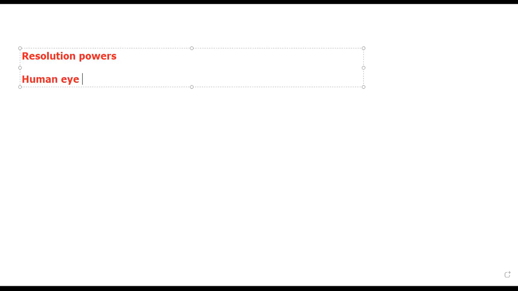Yes, sir. So if you compare the resolution powers, compared to the human eye, the compound microscope has a greater resolution power. Compared to the compound microscope, SEM has a greater resolution power.